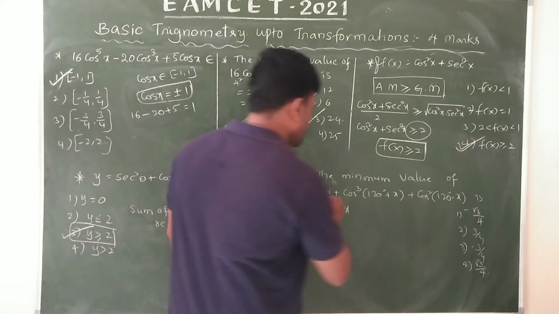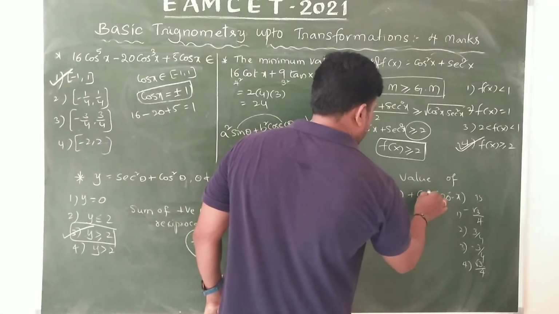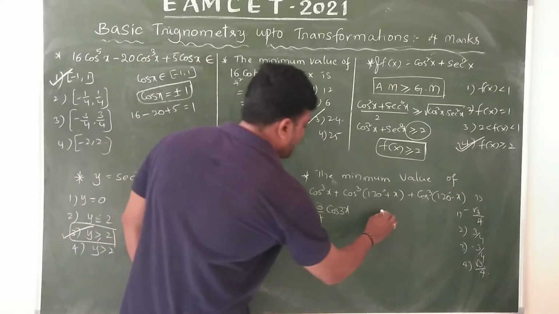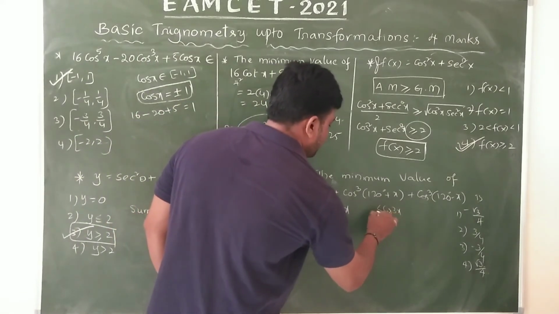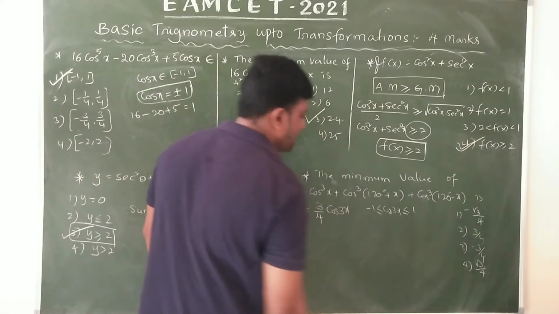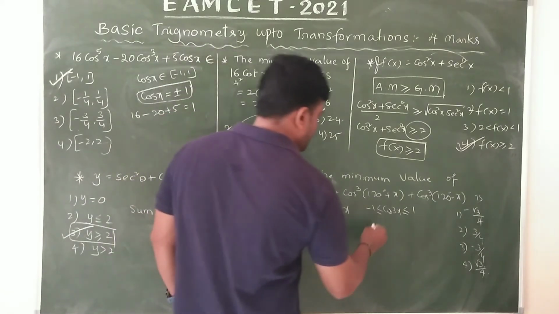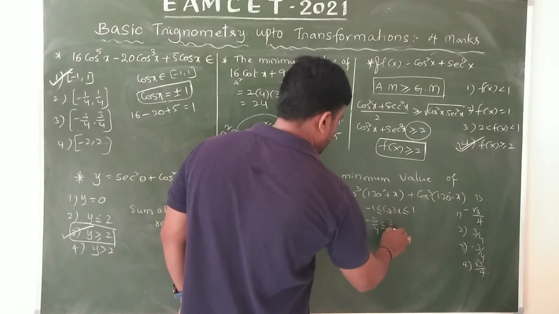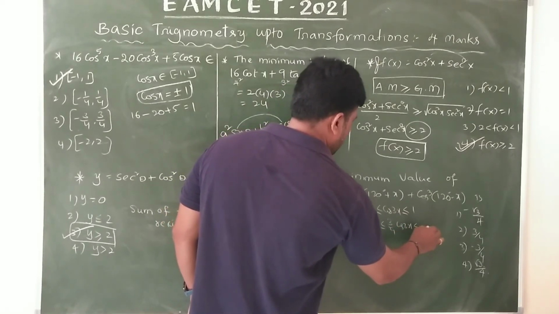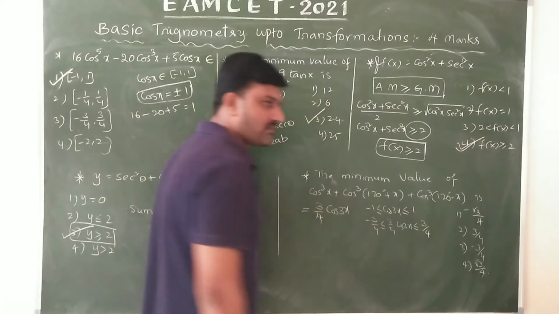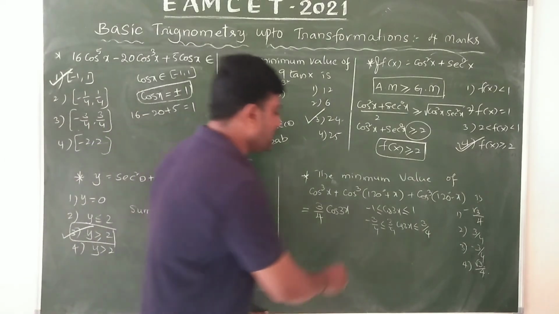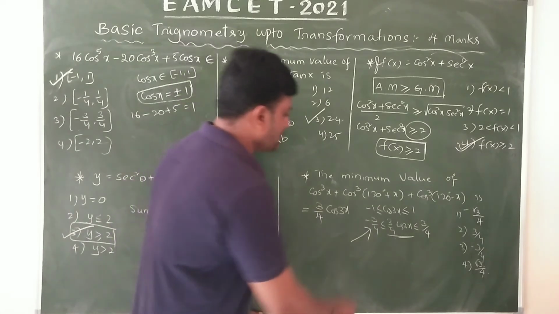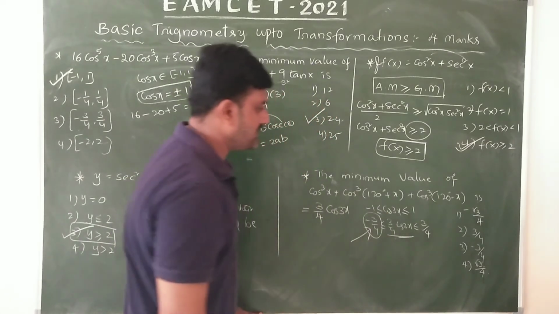Then we know the cos value is always between -1 and 1. Then multiplying with 3/4, we get 3/4 cos 3x less than or equal to 3/4. Then the minimum value of 3/4 cos 3x should be -3/4, yes or no?